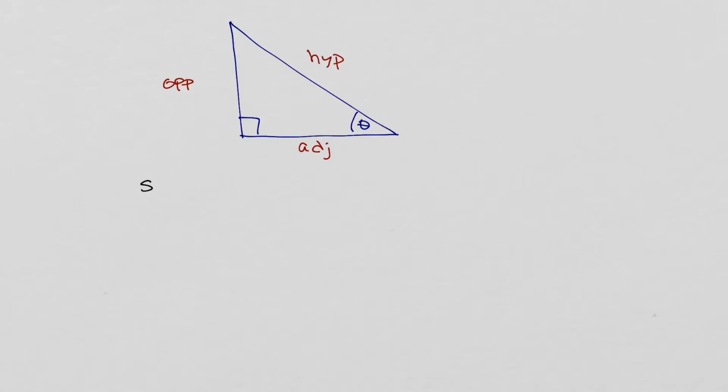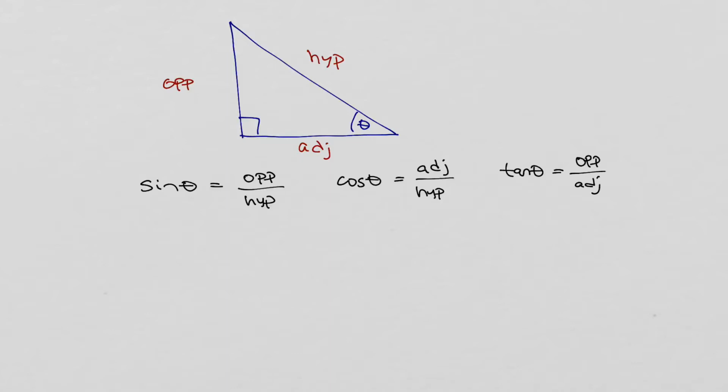In a right triangle like this, sine of theta is defined to be the opposite side over the hypotenuse. Cosine of theta is defined to be the adjacent side over the hypotenuse. And tangent of theta is defined to be the opposite side over the adjacent side.